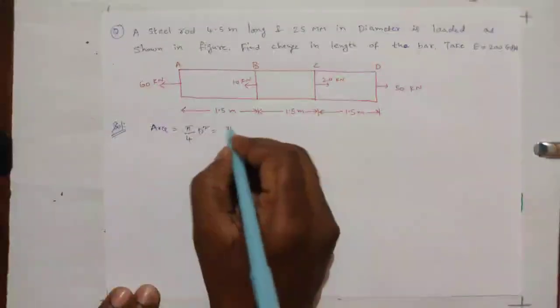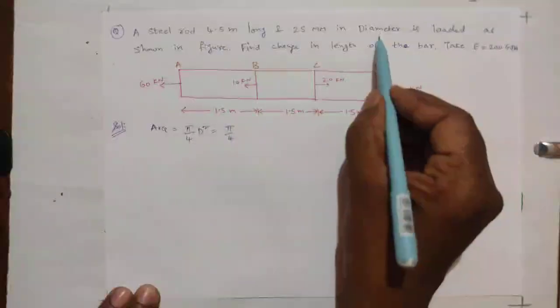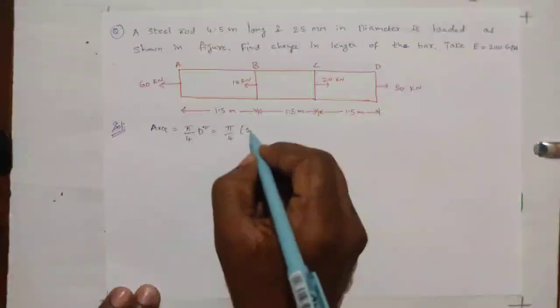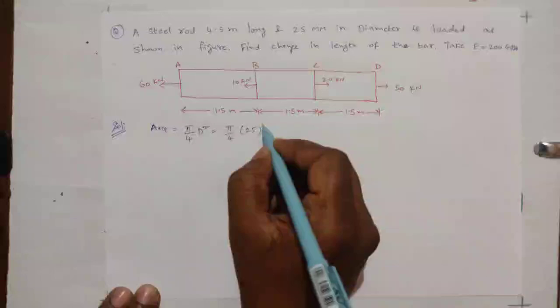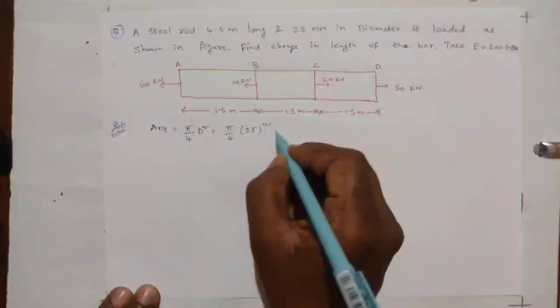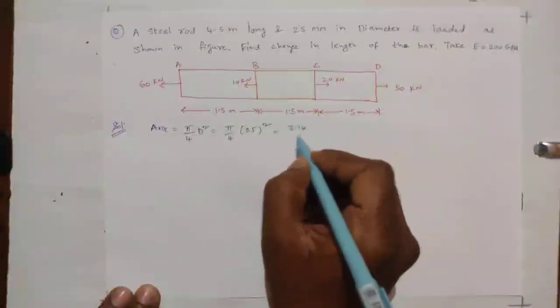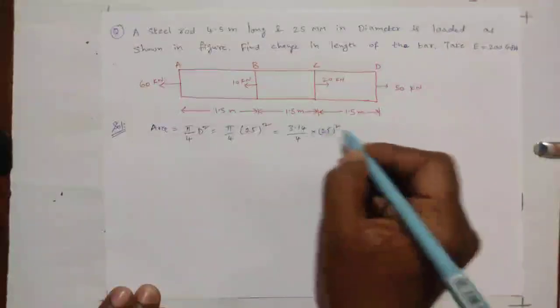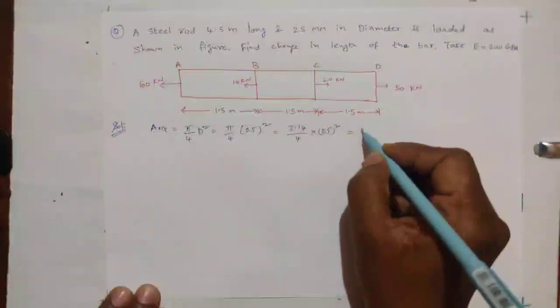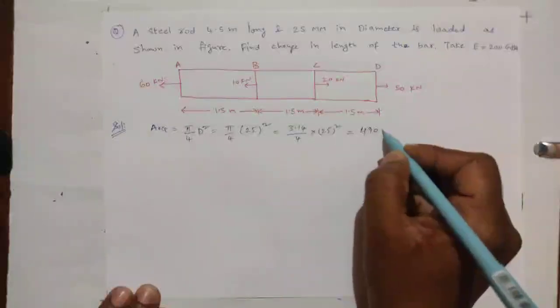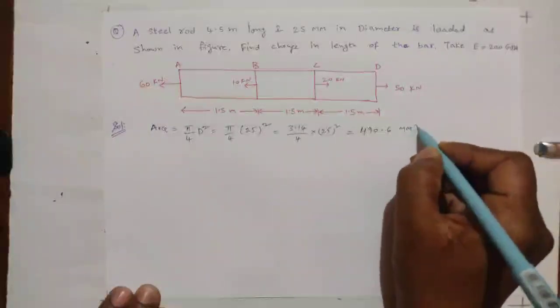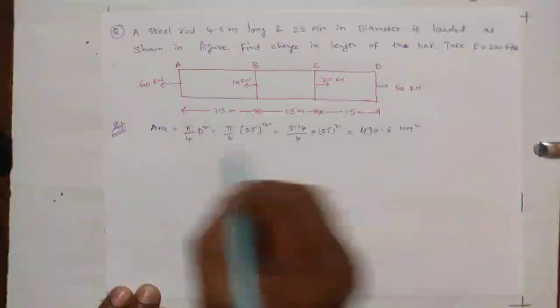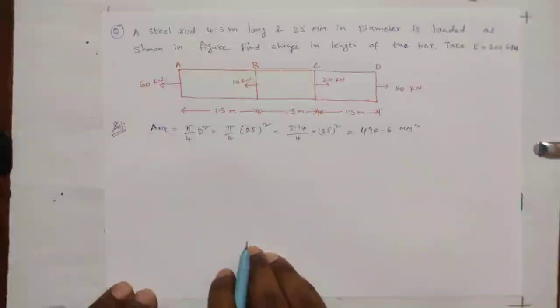That is pi by 4, d value they have given, diameter 25 mm, so 25 mm square. Pi means 3.14, by 4 into 25 square. If you calculate this value, we will get 490.6 mm square. This is area.